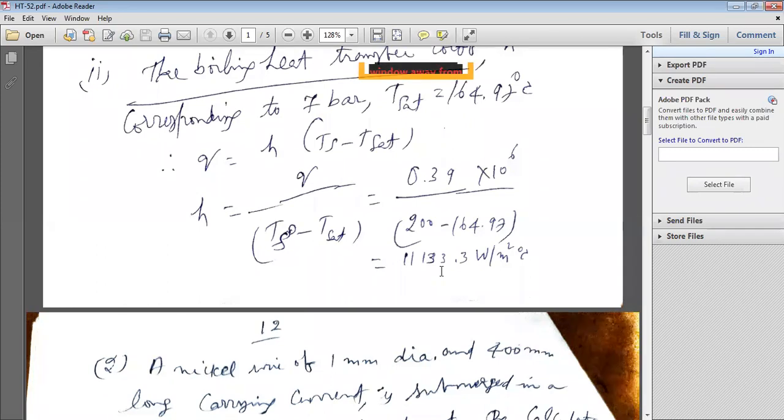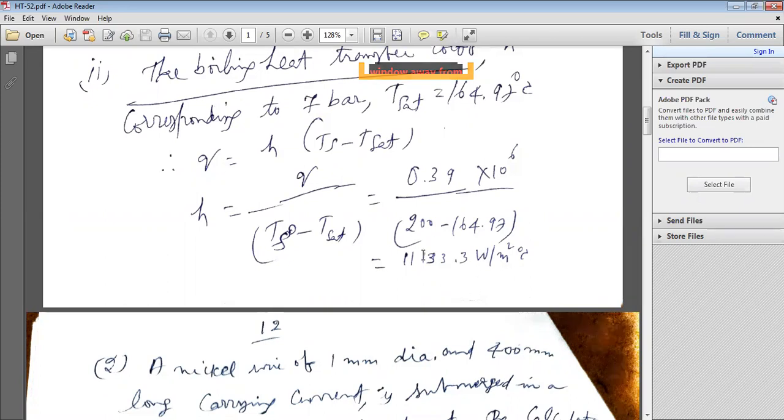Here, if you observe, boiling heat transfer coefficients are very large, 11,133. Normal free convection will be around 50 to 100 watt per meter square, whereas forced convection is up to 400 to 600 watts per meter square degree centigrade.